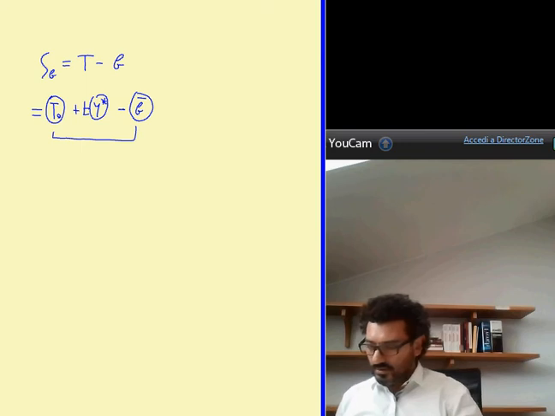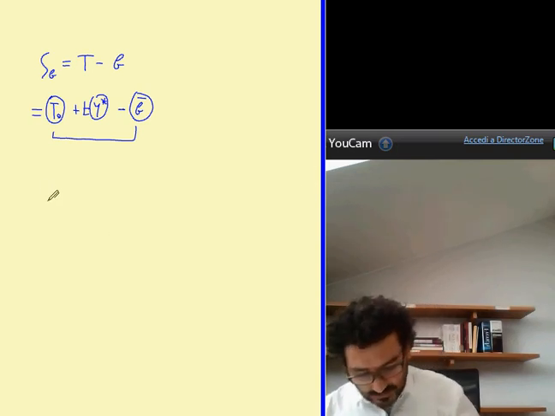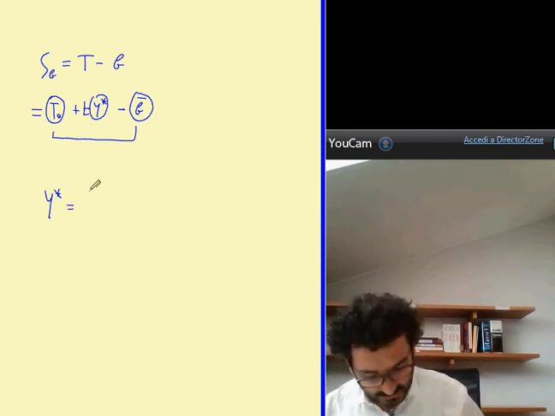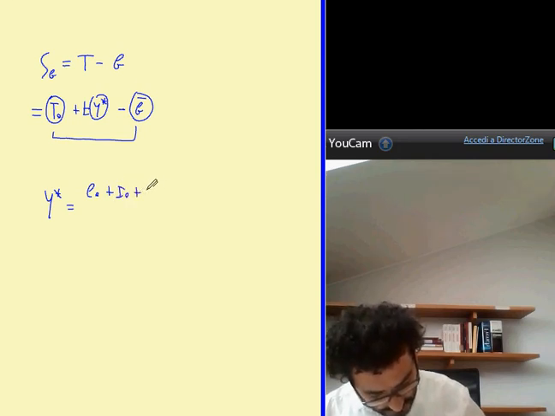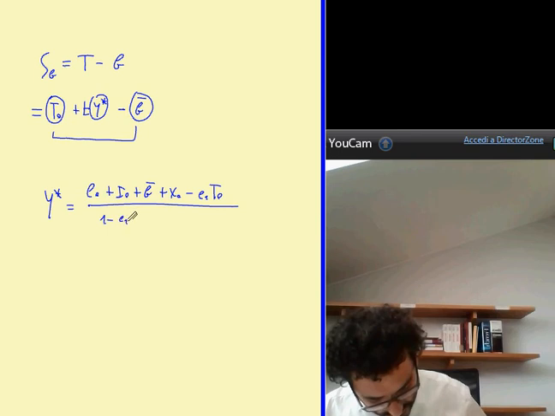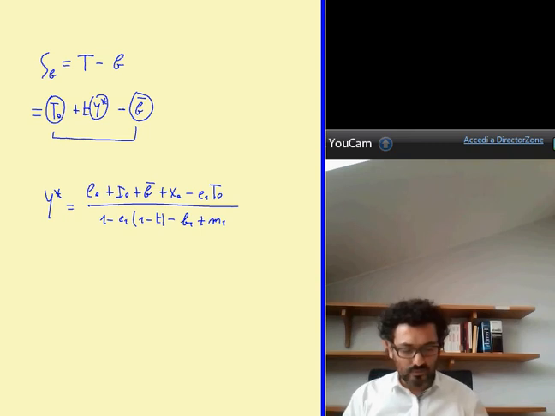Just to finish this part, with respect to the initial case, I write again the equation for the equilibrium GDP: exogenous variables divided by 1 minus c1, which multiplies 1 minus t minus b1 plus m1, and the two multipliers.